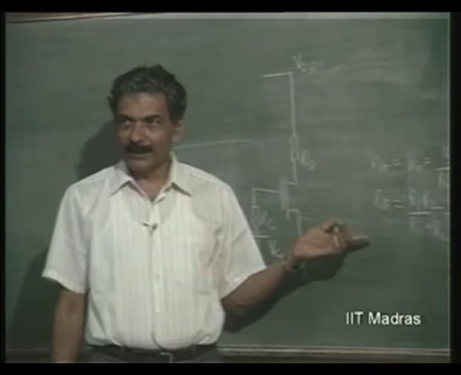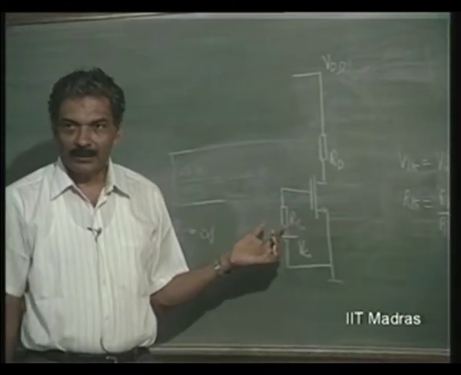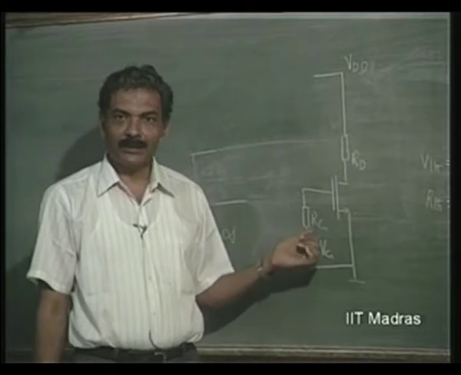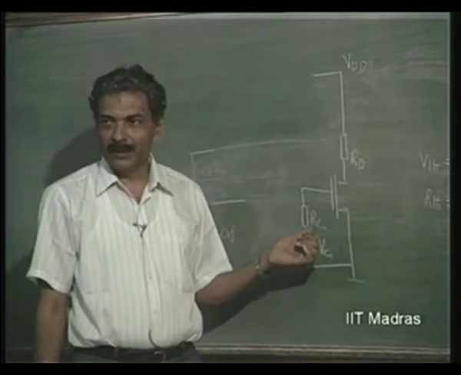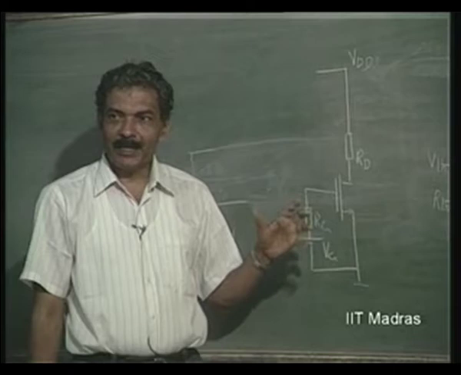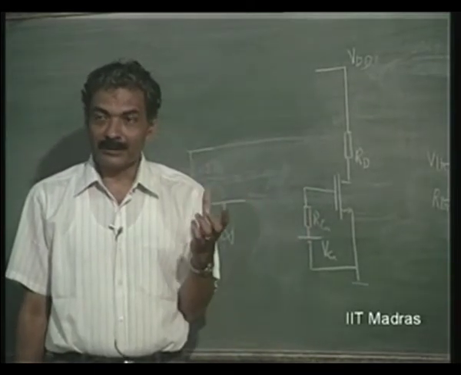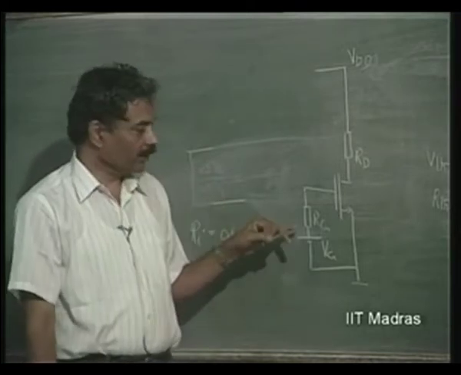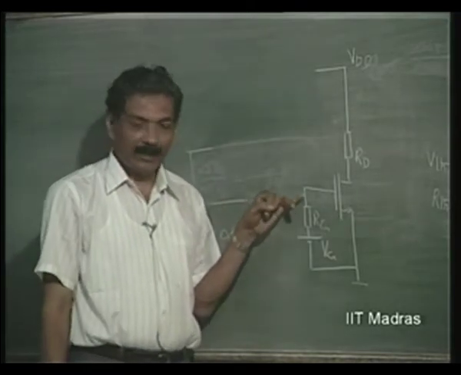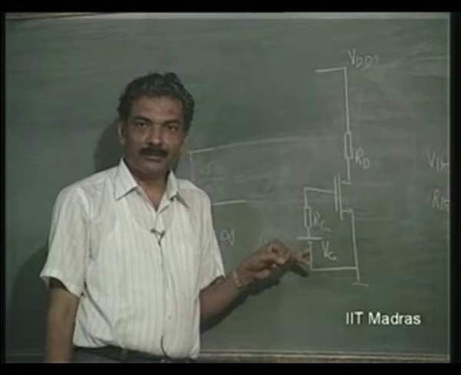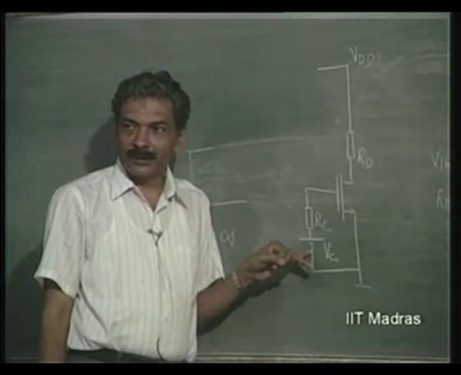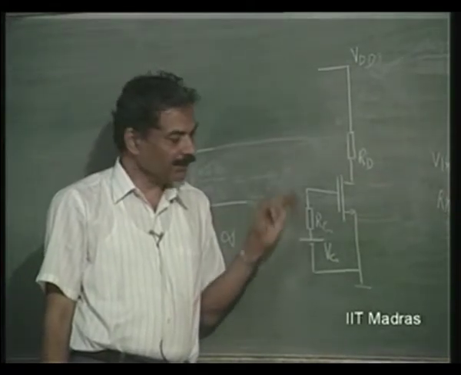In the case of BJT, we had this trouble that there was current flowing through this RB, and we had to make that voltage drop across this resistance very small in order to make it negligible compared to VB. So, this we had to do in the case of bipolar.